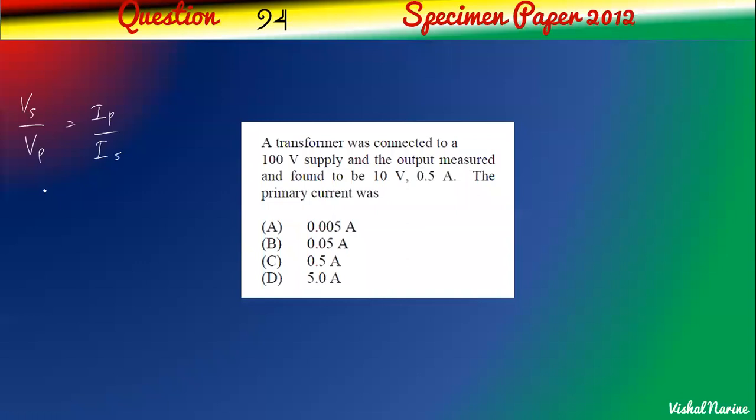The question is asking us for the primary current, so that is Ip. So Ip is going to equal Vs Is over Vp, and substituting into that equation and working it out, you will end up with the answer 0.05 amperes.